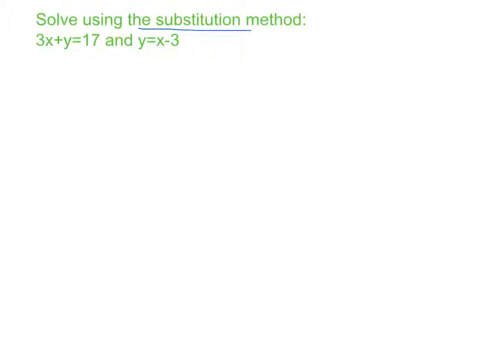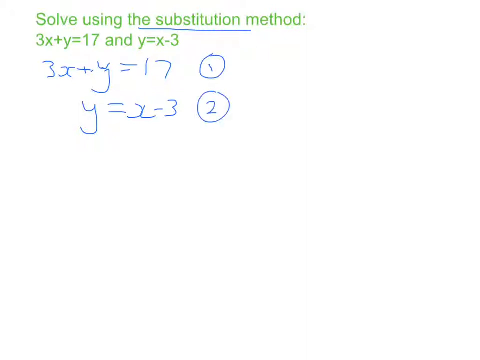What does that mean? We've got our two equations here, 3x plus y equals 17, and we've also got y is equal to x take away 3. I'm labelling this one equation 1 and equation 2, and to substitute, this is quite easy. What we're going to do is we'll substitute 2 into 1.